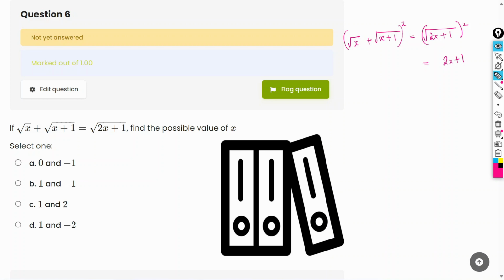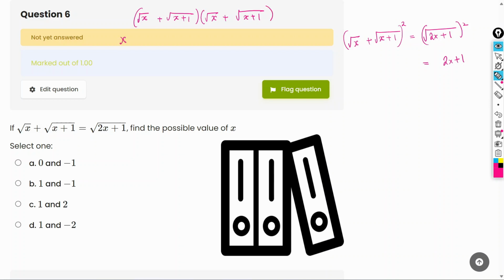But on this other side, where I have a binomial, let's do that. That will be root x plus square root of x plus 1 times root x plus square root of x plus 1. Root x times root x would give me x.